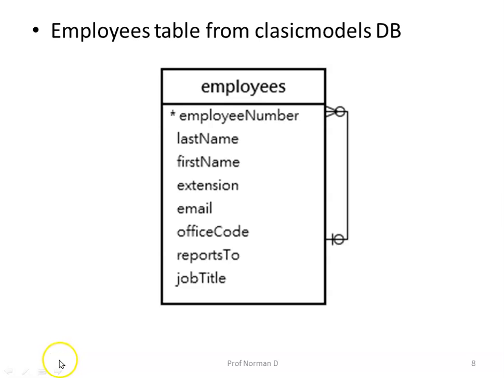So this is the structure of your employees relation in the classic models database, where employee number is the primary key and the other attributes are last name, first name, extension, email, office code, reports to, and job title. We'll apply a trigger on this table such that it will keep track of the changes that are done to the table before an updation is applied.